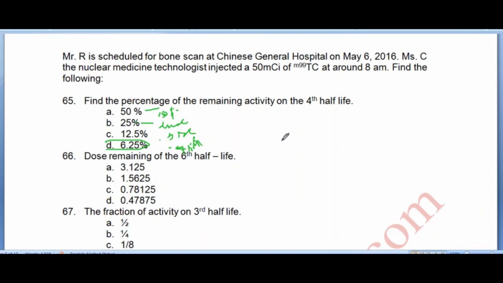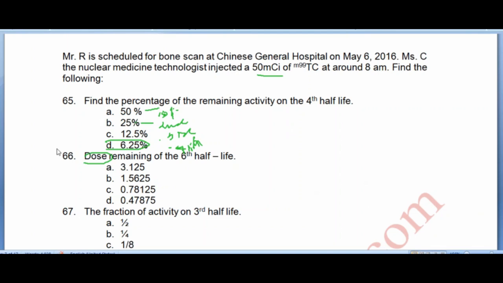What is being asked here is the dose, so we are going to need the given. Sorry, we lost our internet connection.